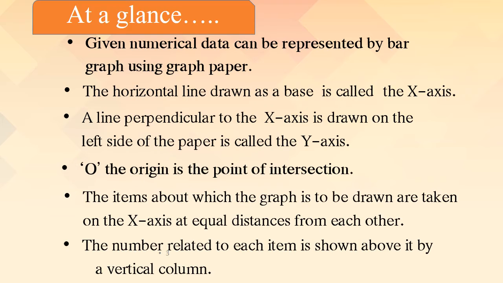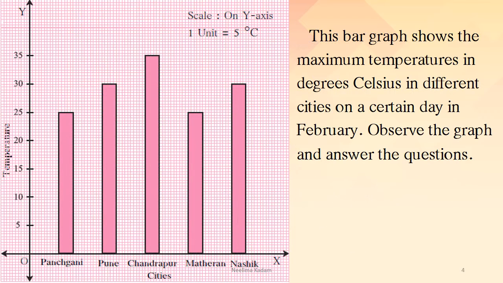So in this way, we have understood what a graph paper is and the representation of a graph. Today we will see how to draw a graph with the help of given numerical information. A bar graph is given, which is a graphical representation.